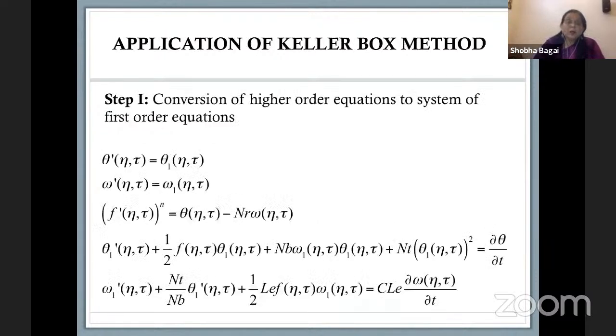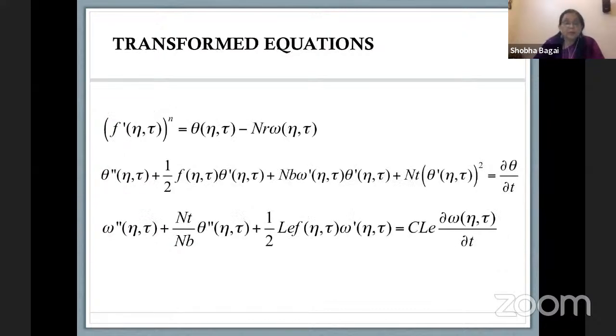So if you recall, the first step in the Keller box method was that you convert the higher order equations to a system of first order equations. So here you have one derivative with respect to f. Theta is differentiated twice. Again, these primes denote the derivative with respect to the similarity variable eta, and for time we'll have it over here.